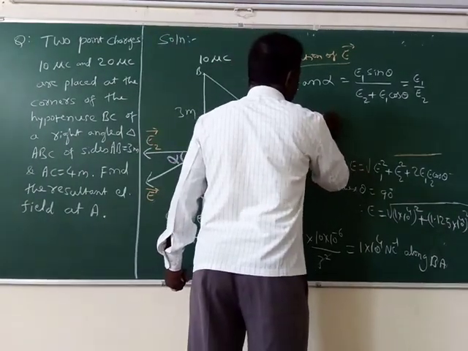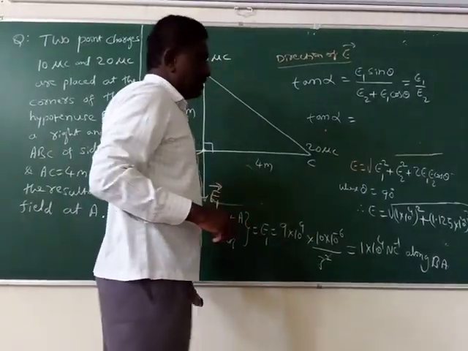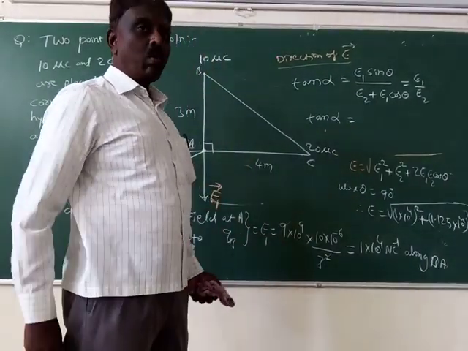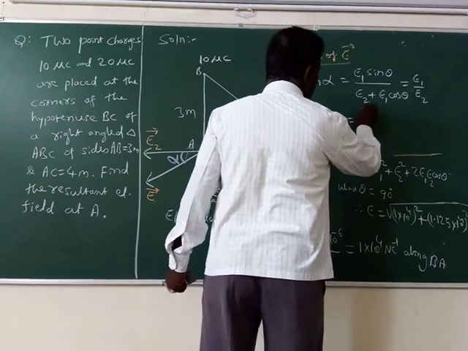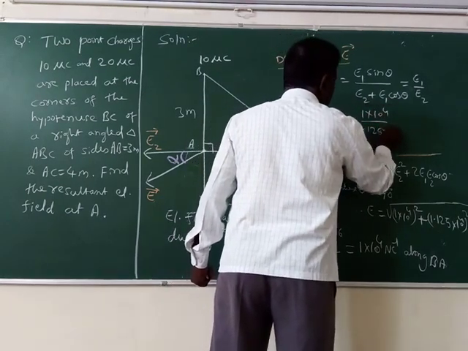Therefore, tan alpha is equal to E1, which is 1 into 10 to the power 4, divided by E2, which is 1.125 into 10 to the power 4.